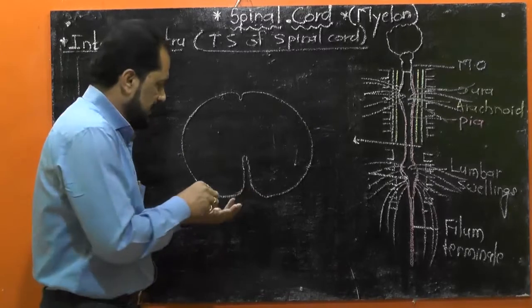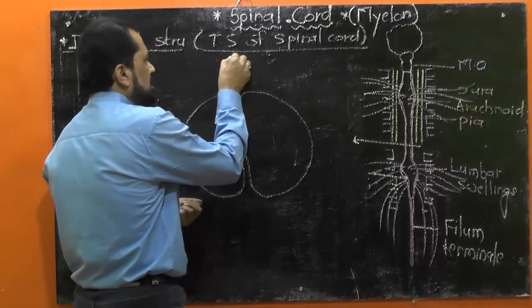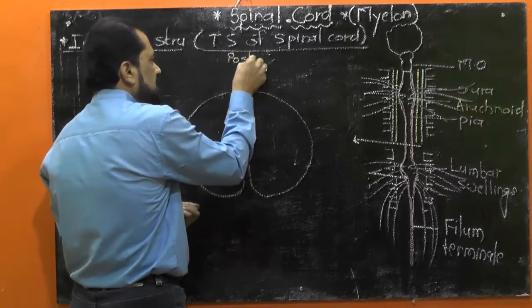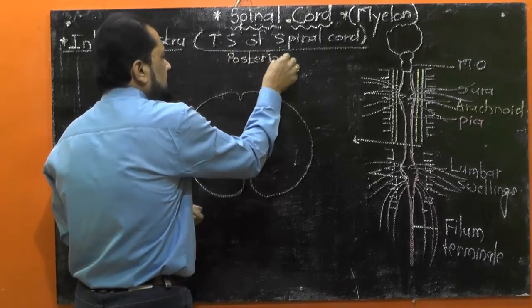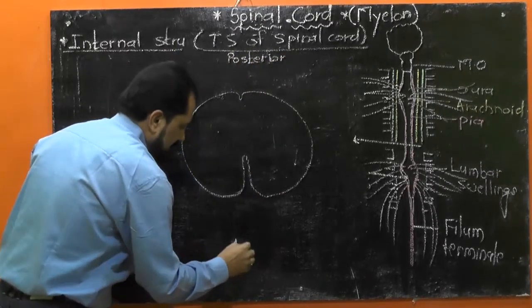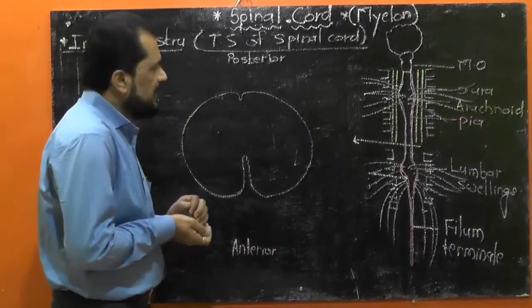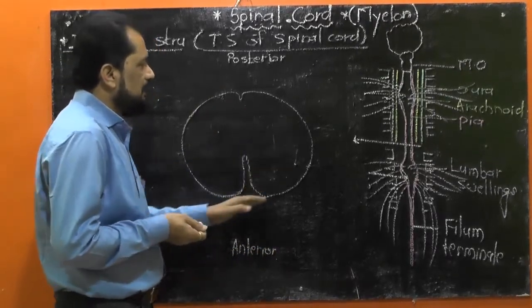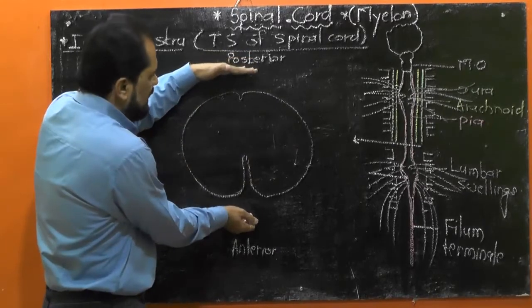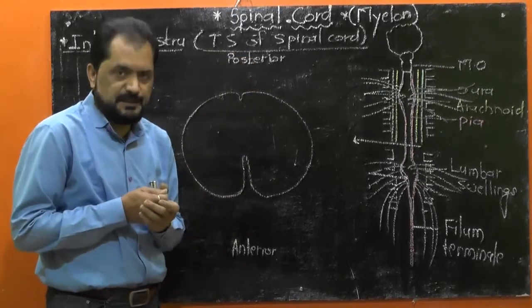So I said that in transverse section, consider this is the posterior surface or dorsal side and here is the anterior surface or ventral side. Now in TS, the spinal cord appears oval or slightly dorso-ventrally flattened.